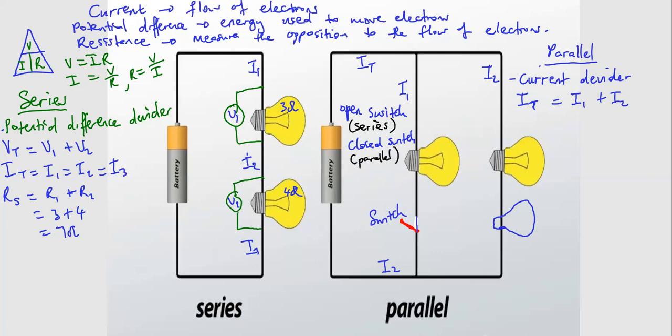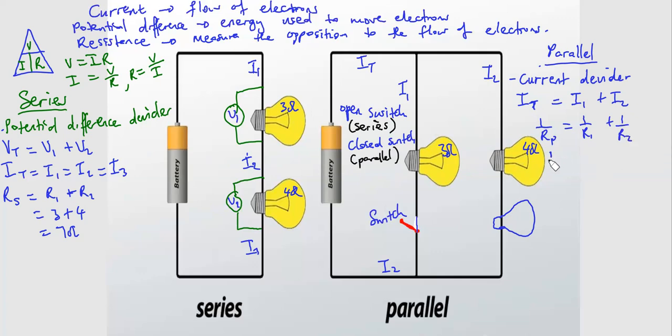Now, let's see how we get the resistance here. Let's keep the same thing here, 3 ohms, and also 4 ohms here. Now, what about R total here? In this case, we say 1 over RP is equal to 1 over R1 plus 1 over R2.